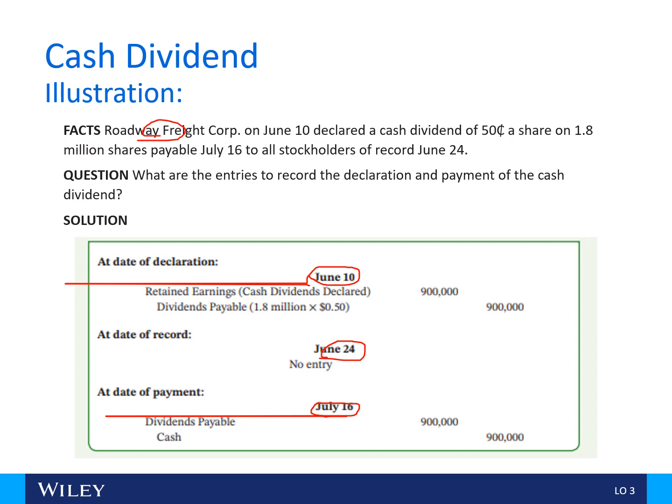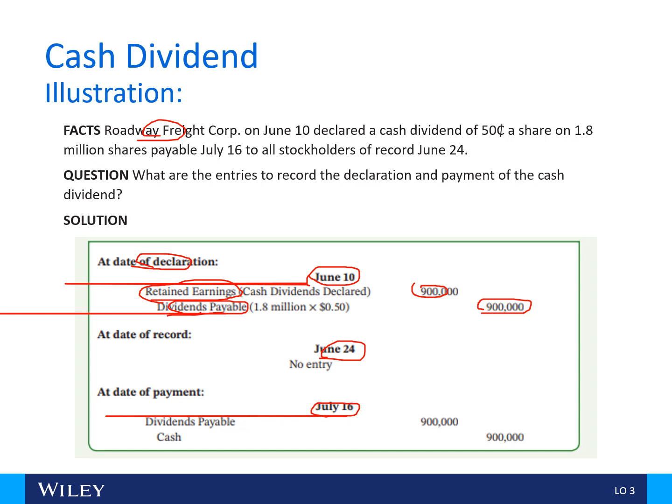So if they declare the dividend on June 10th, that's the day that you reduce retained earnings. Remember, dividends reduce retained earnings. Dividends are debits. And notice on the date of declaration, there's no cash being paid. You establish a dividends payable liability. Liabilities grow on the credit side.